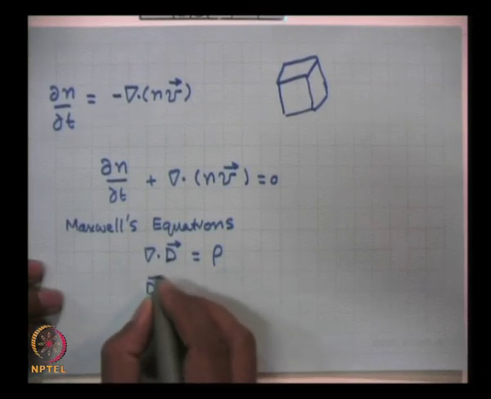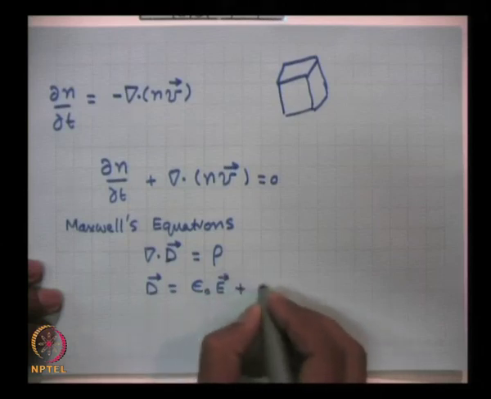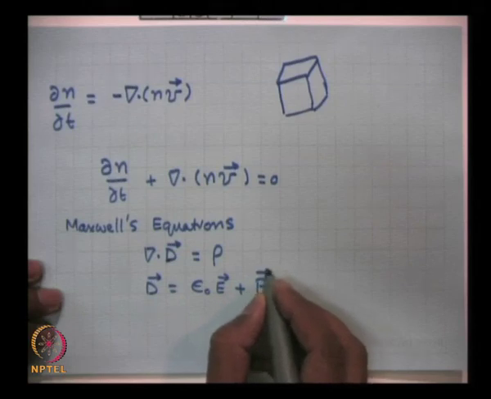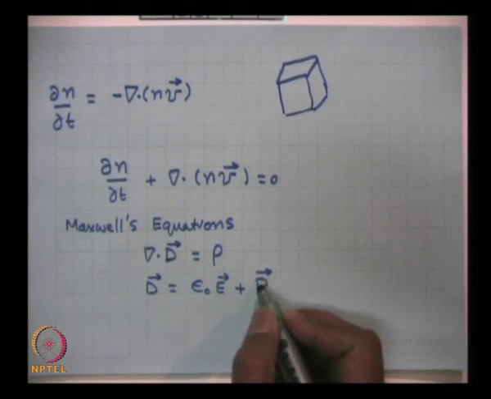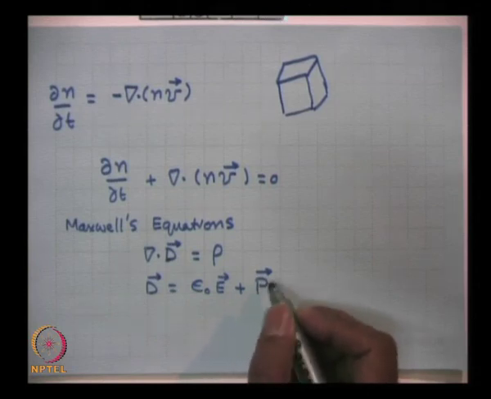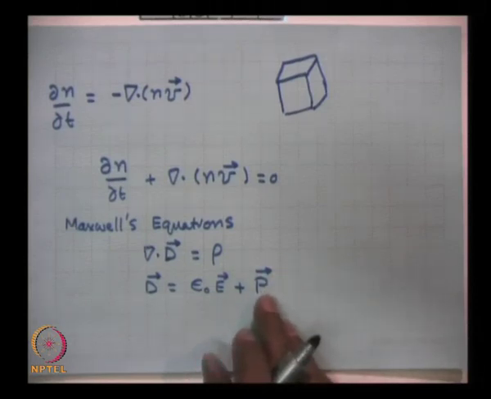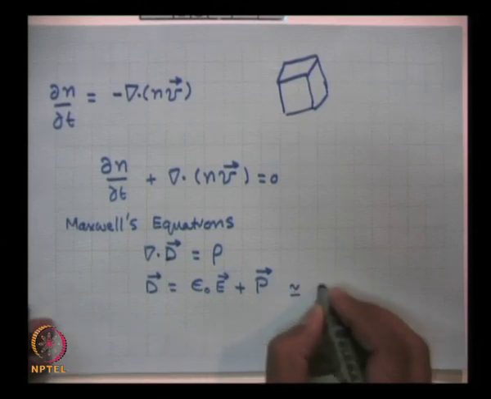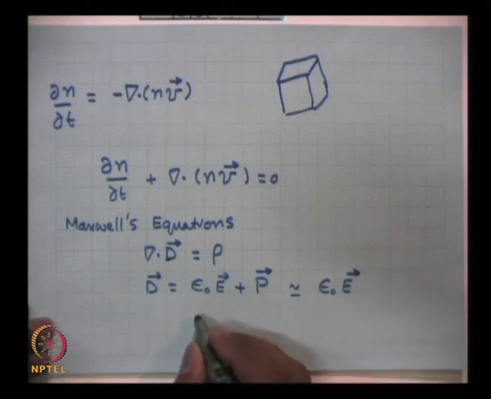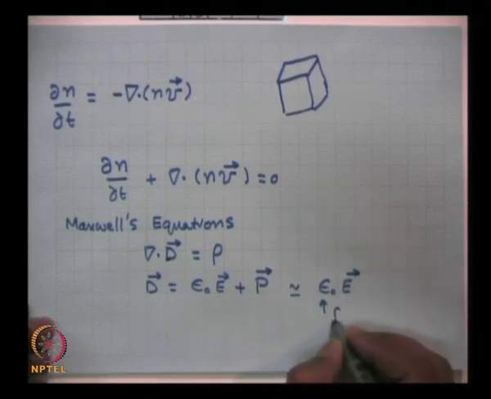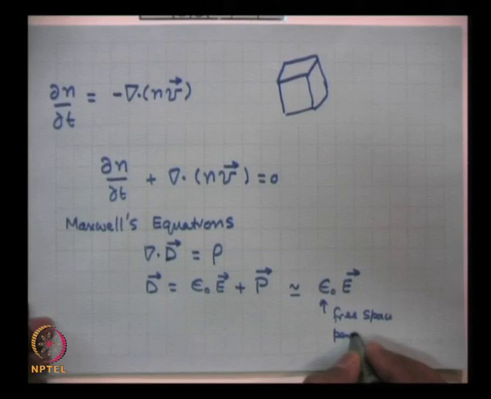By definition, D is equal to epsilon 0 E plus polarization capital P. In gaseous plasmas, the polarization of atoms is very small, and you can ignore this capital P term. So, for gaseous plasmas, this is typically of the order of epsilon 0 into E, where epsilon 0 is called free space permittivity, in MKS units.